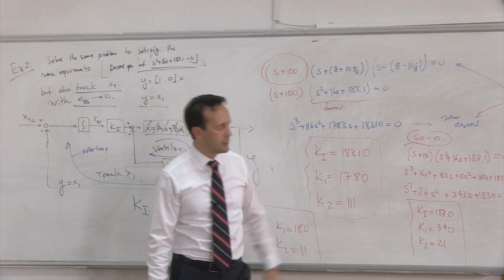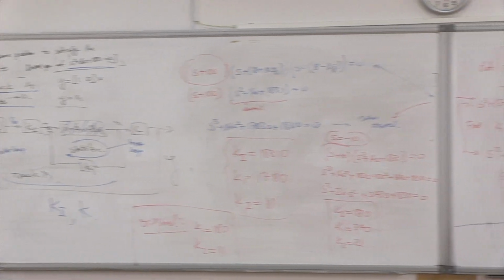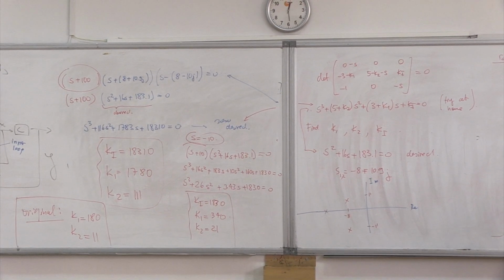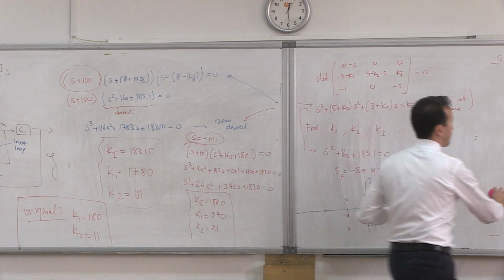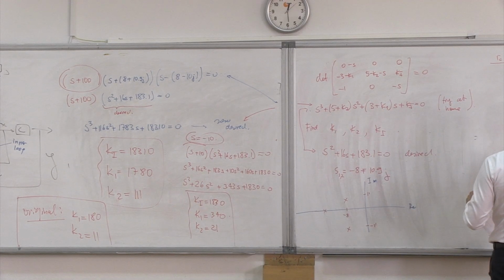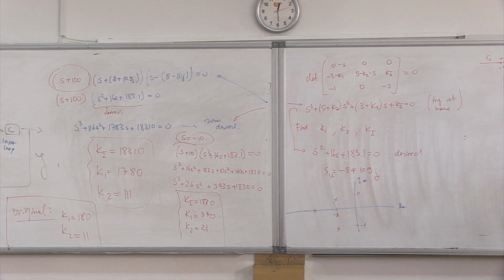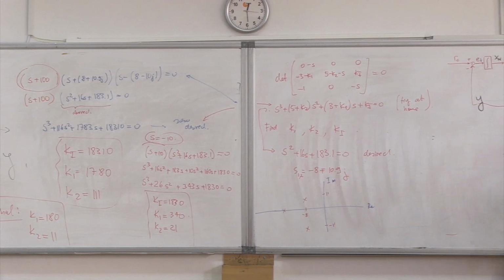Okay? Good. Finally, before we go, the question is, do we finally have zero steady state error? So let me do this real quick. It will just take a few minutes.